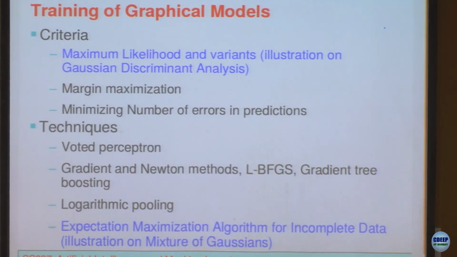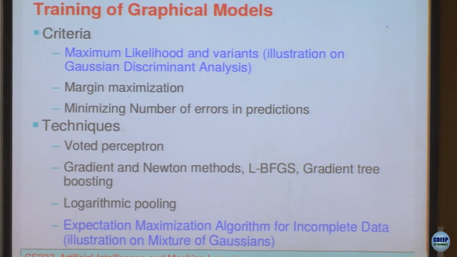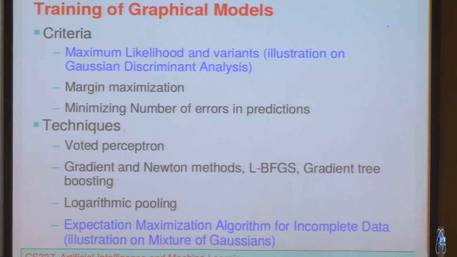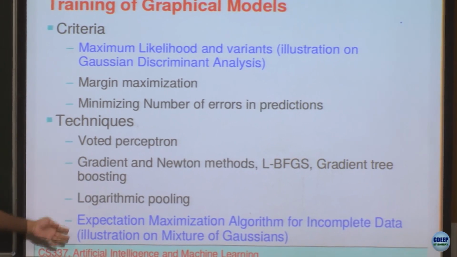So now we will quickly look at how these graphical models can be trained. They typically use maximum likelihood and variational methods and their variants. So basically you will train using maximum likelihood. There are others also. You can do margin maximization, you can do minimizing the number of errors in prediction, very much like the perceptron did, and correspondingly you have different techniques.